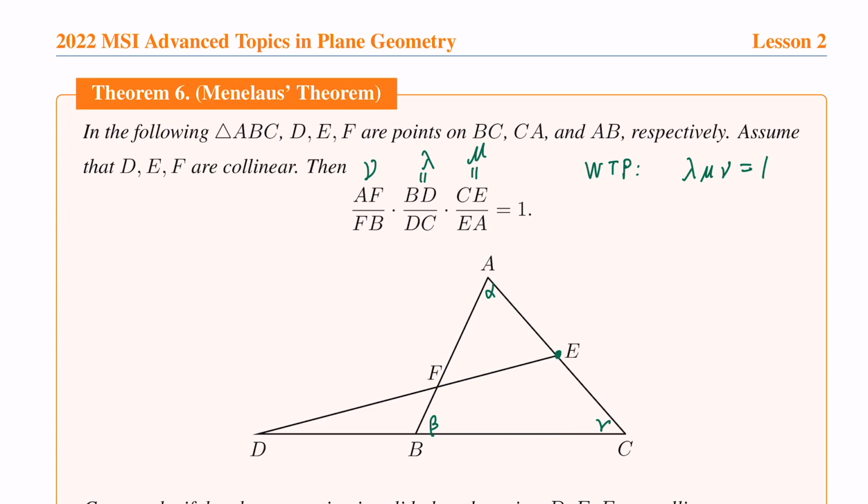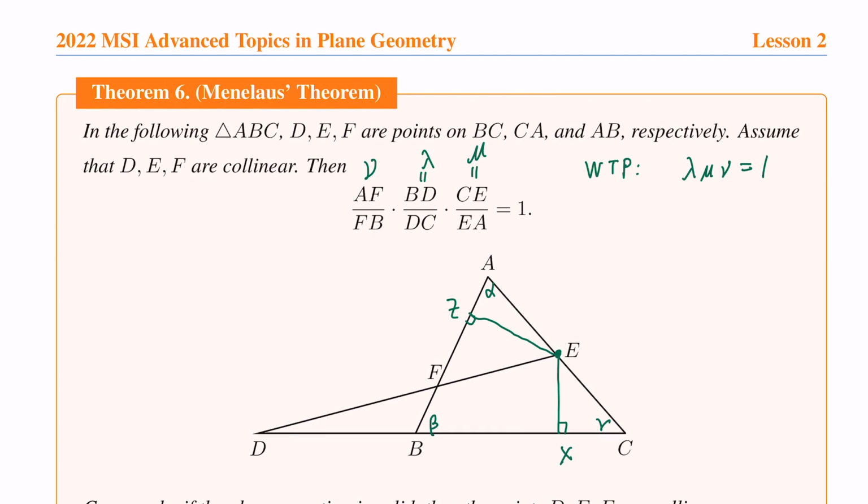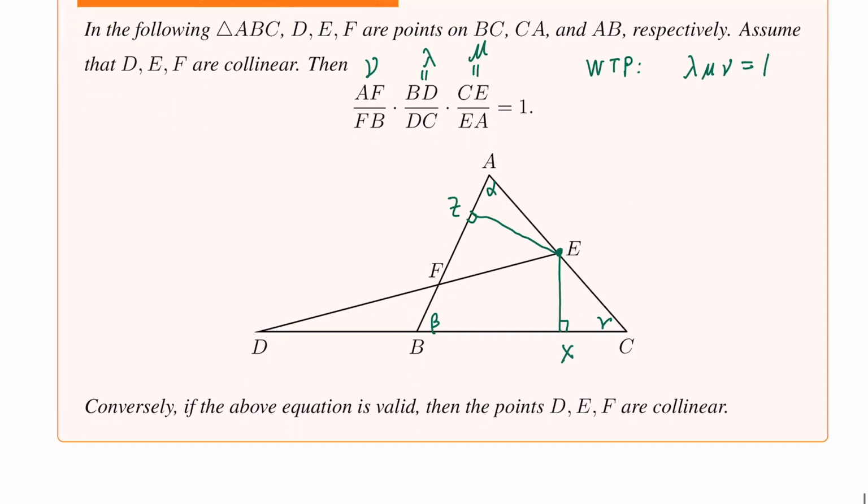Now let's see how to compute the trilinear coordinates of E. Let's compute the distance of E to BC and E to AB. This is X, and let's say this is Z. The distance of E to AC is obviously equal to 0. We already have the experience when E became the midpoint of AC, but now in general we can do this as well.